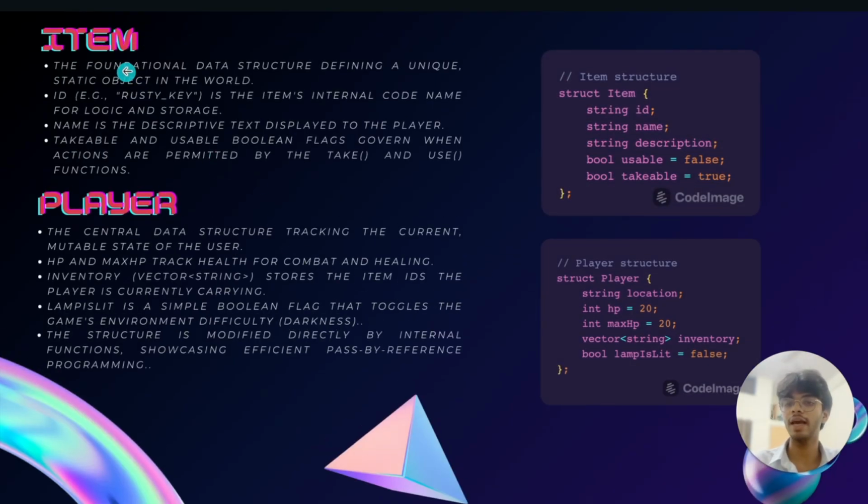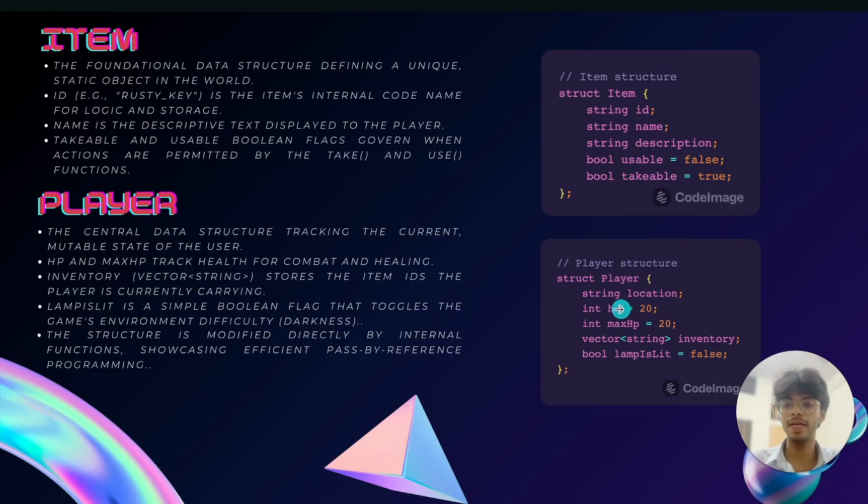Now, next we have the blueprints of item and player. The item is defined by its ID, which is once again the item's unique internal code, and the name. Its behavior is controlled by simple Boolean flags like usable or takeable. We use usable if the item is usable in that room, and takeable checks whether the item is takeable or not.